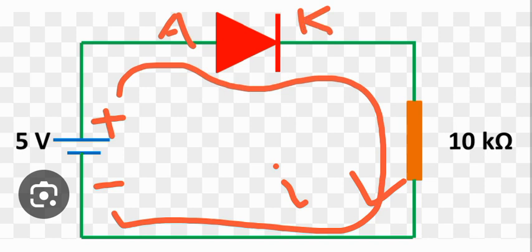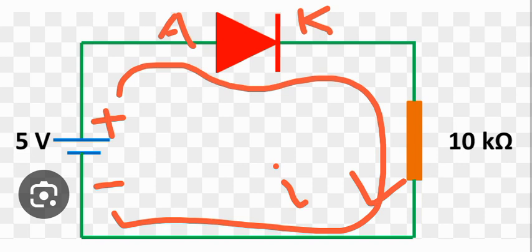Since the voltage at the anode terminal of the diode is positive 5 volt, which is greater than the cut-in voltage or the threshold voltage or the turn-on voltage of a diode, assuming this is a silicon diode and it has a threshold voltage of 0.7 volt, and 5 volt is greater than 0.7 volt, therefore this diode will turn on, it will get forward biased, it will therefore act as a short circuit.